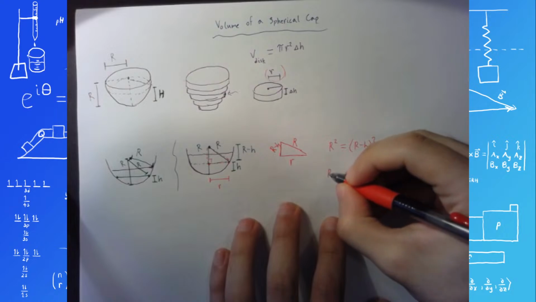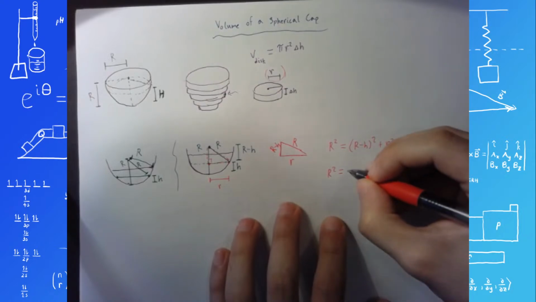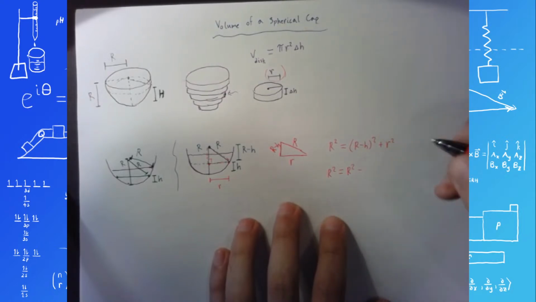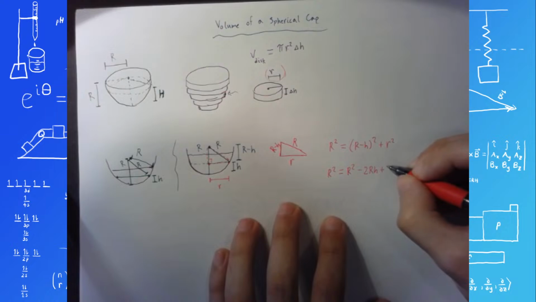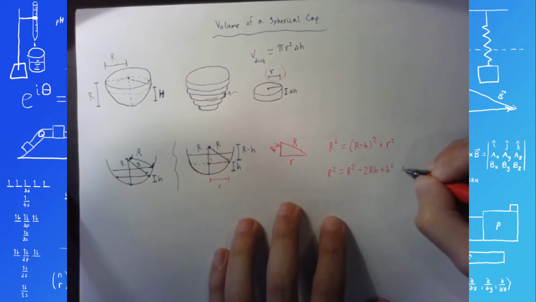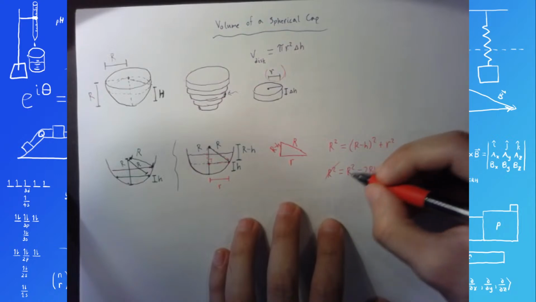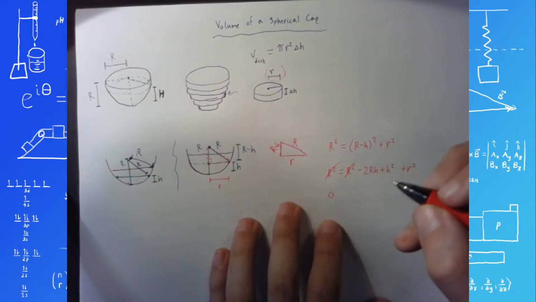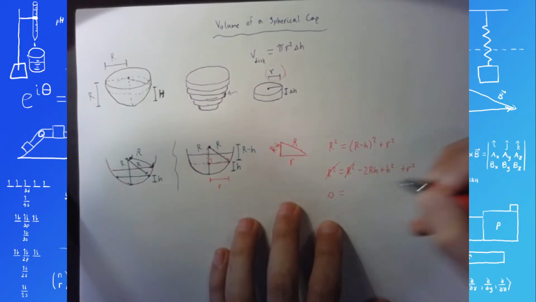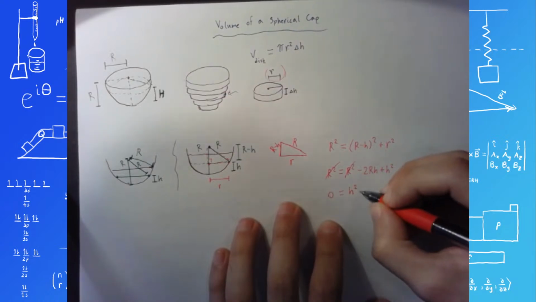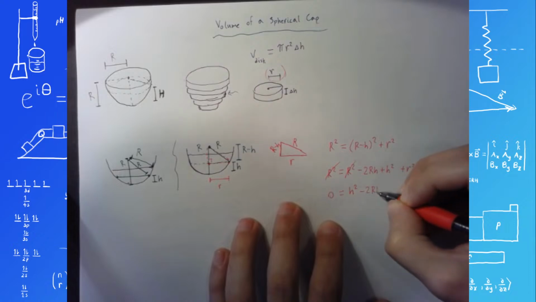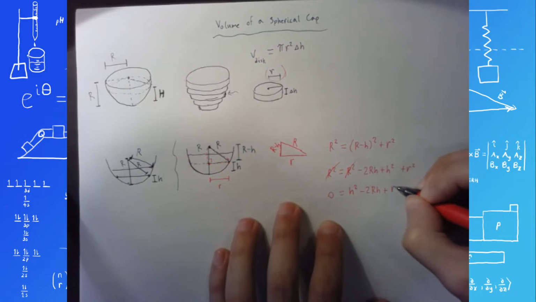If I FOIL this, I get big R squared minus 2 big R little h plus little h squared, and then plus little r squared. I can subtract r squared from both sides, and I'm left with 0 equals h squared minus 2 big R h plus r squared.